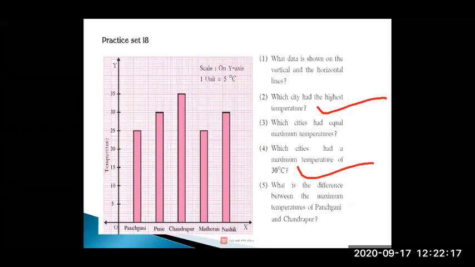Now I hope you people have understood how to observe the graph and answer the questions. I hope you have understood how to observe the graph and write the answer by looking through the question.